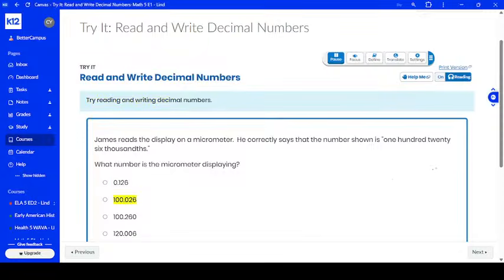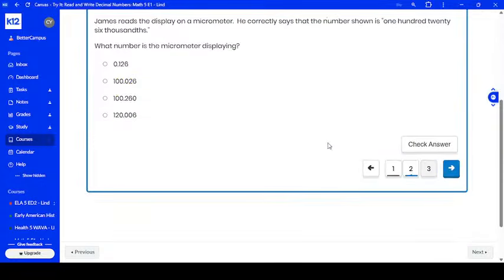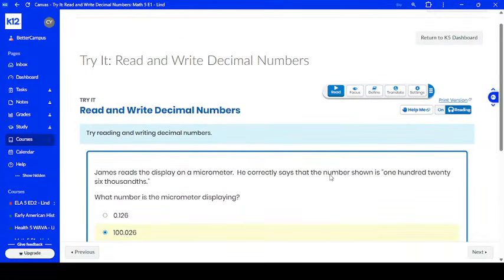0.126, 100.026, 100.260, 120.006. Okay, you heard it right.